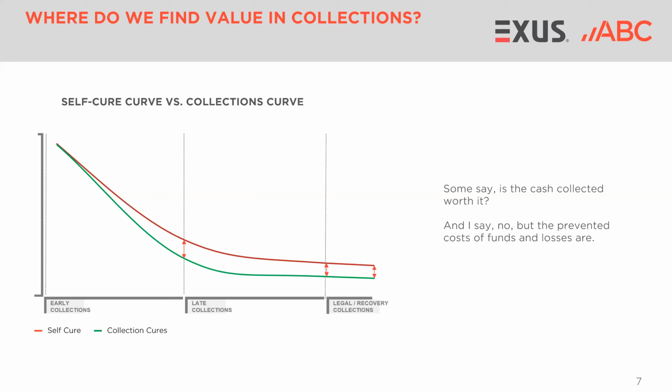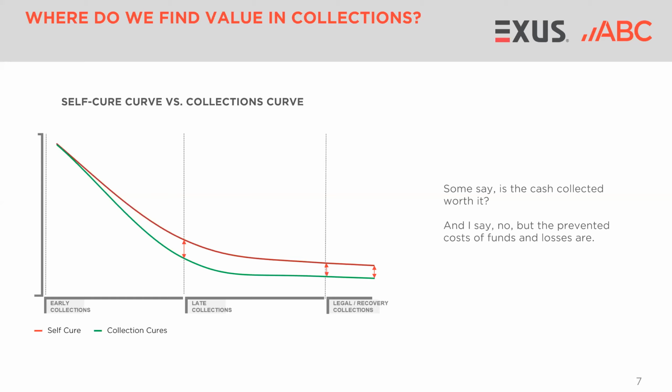Sometimes I get the question: is the cash collected worth the costs that are spent on collections? And I say, well, the cash collected, probably not, but the losses are. The prevention of losses is basically what we're here for.